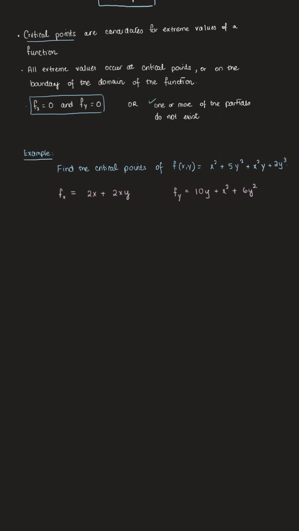So let's go ahead and set our first partial derivative equal to 0 and see what that tells us about our x and y values. So we have 2x plus 2xy equals 0. I'd like to find some relationship between x and y that gives me information about the possible critical points. So one thing I can think of doing here is factoring out a 2x from both terms. And when we do that, we have 2x times (1 plus y) equals 0.